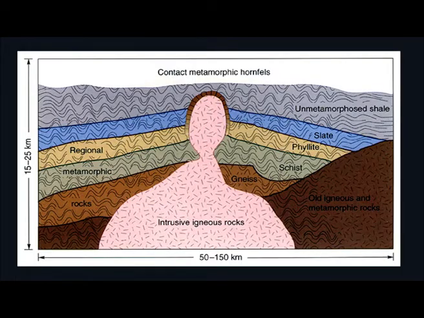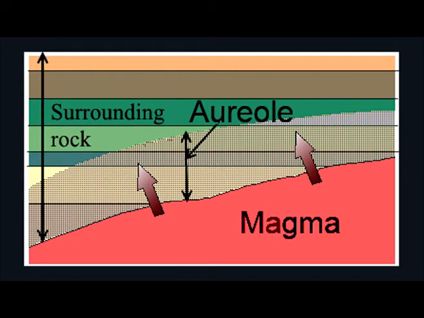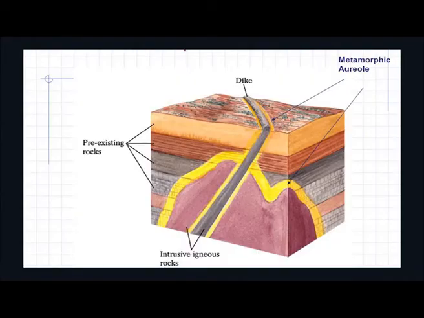Thermal effects are generally more prominent in sedimentary rocks of shale and carbonate composition. The rocks of aureoles are called hornfels with granoblastic textures. Basic magma, gabbro, usually shows more thermal effects than granitic magma because of the initial high temperature.